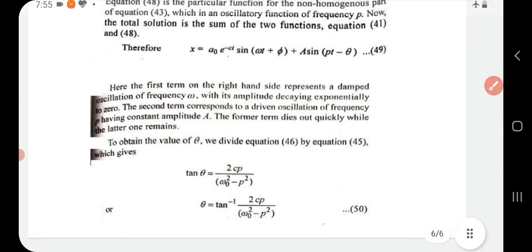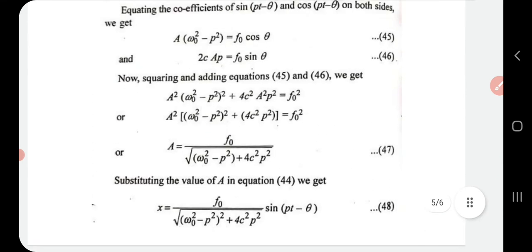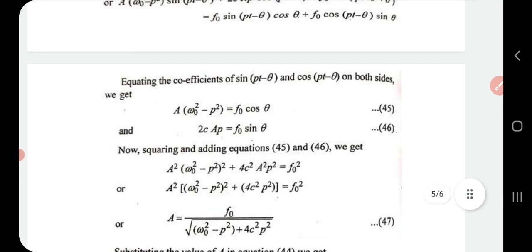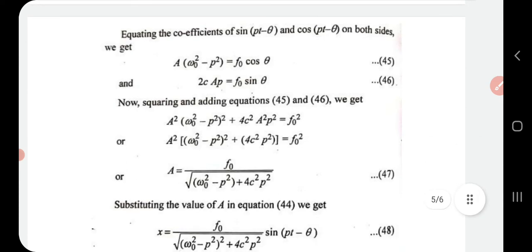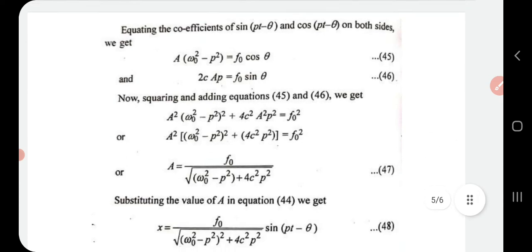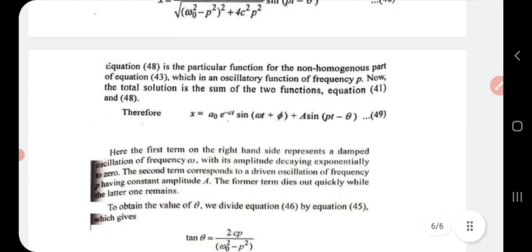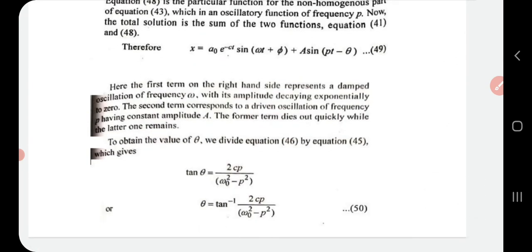Then to obtain the value of theta, you just divide equation 46 by equation 45. That will give you f0 sin theta by f0 cos theta, that will be tan theta equal to 2cp by omega0 square minus p square. So theta will be tan inverse of that.